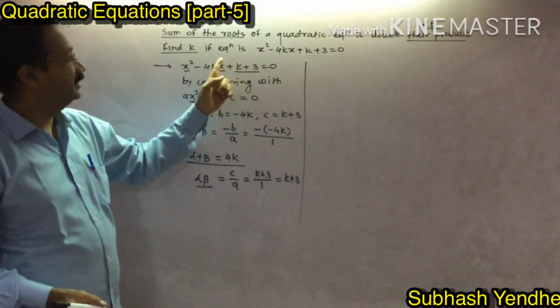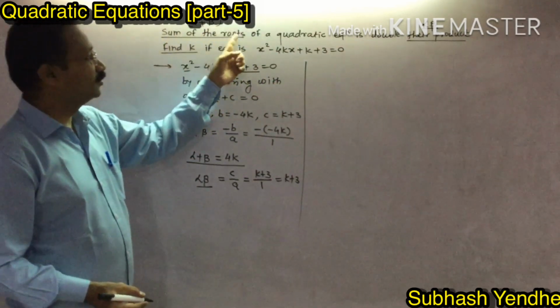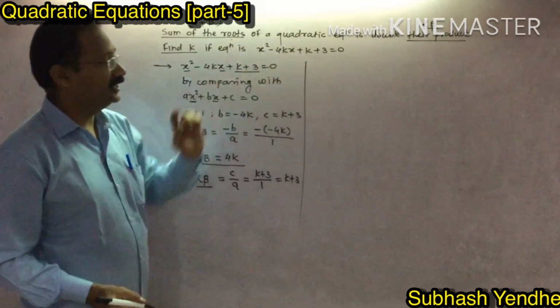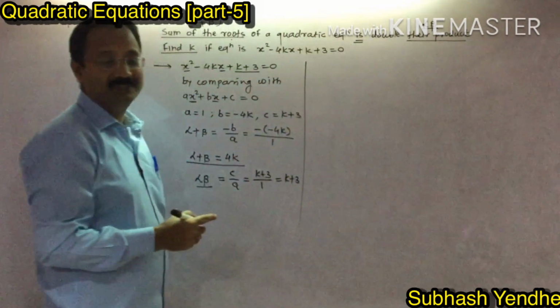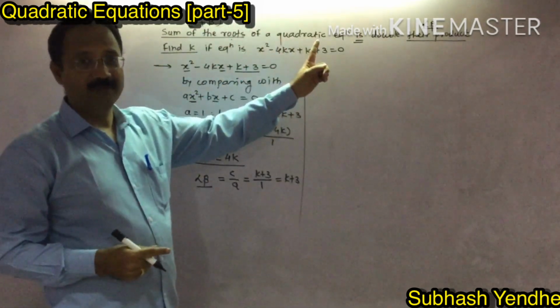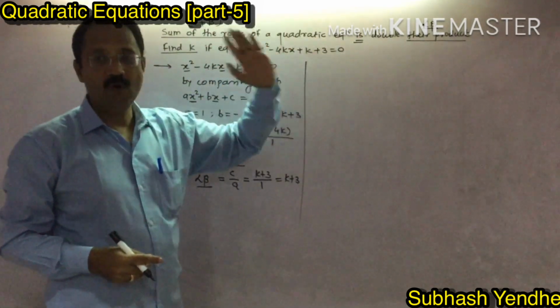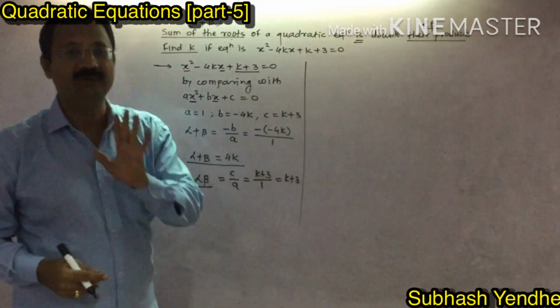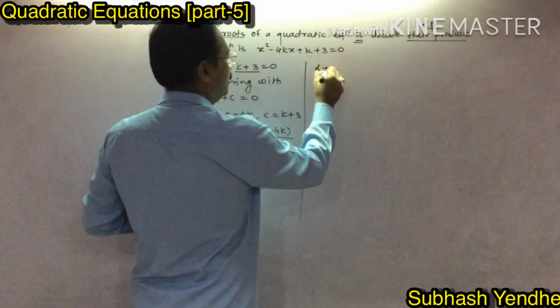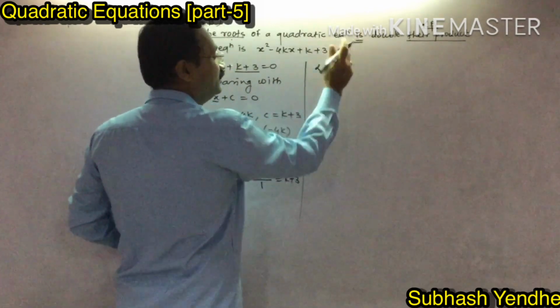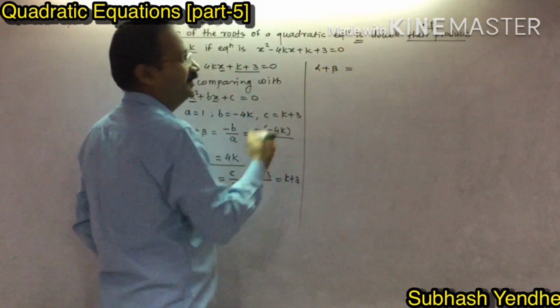Now read the condition. The sum of the roots of the quadratic equation is... In the first part I told you that if the word problem has "is", you have to write the equal sign. So I write: the sum of the roots means alpha plus beta. Is means equal.